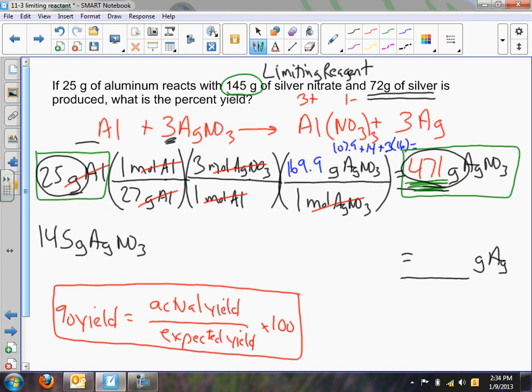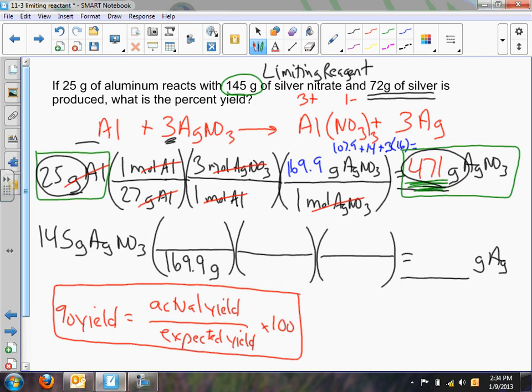So I need to solve for how much silver I expect to get. Therefore, the units would cancel out. So, same thing, changing grams to grams. From the previous example, I know that the molar mass is 169.9 grams for every 1 mole of silver nitrate.